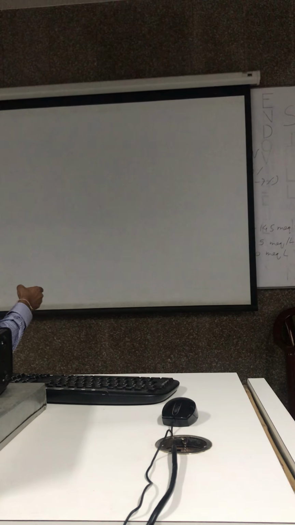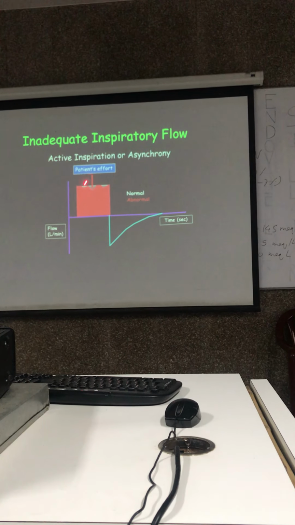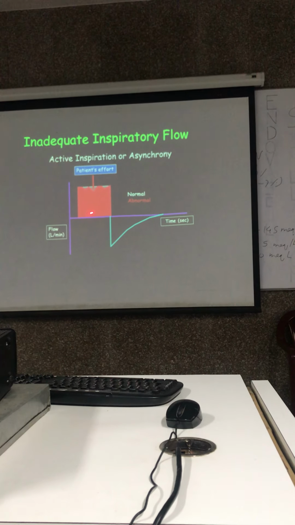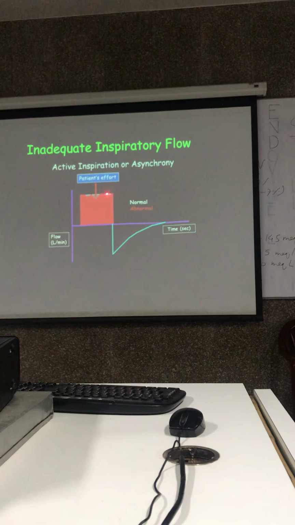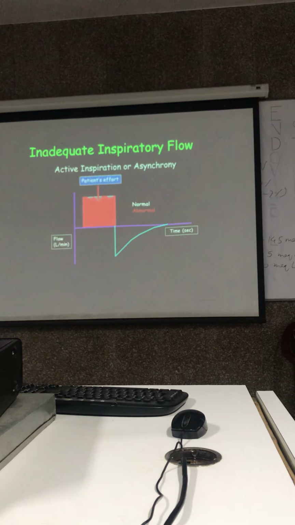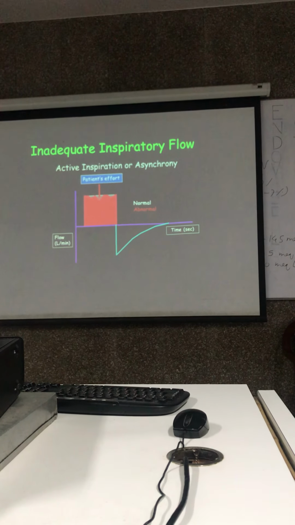patient effort here. So what you see here, can you see this, the red color? It's not straight here. This tells you that the patient is making an effort. Okay, why is it doing this? I don't know. It's automatically doing it. I think I must have made something wrong in the animation.